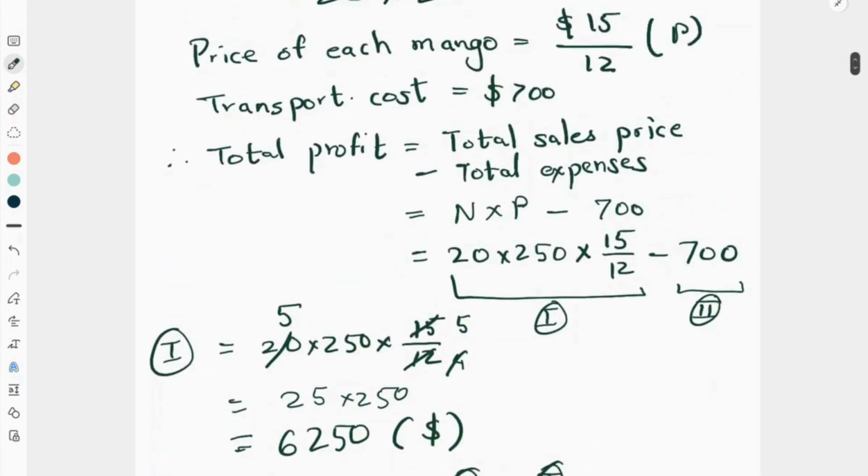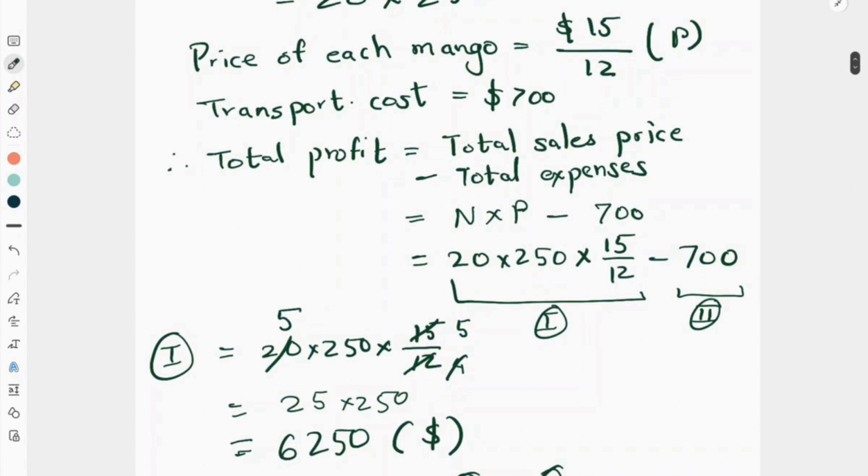So this formula that we use, the total profit, which is total sales price minus total expenses, has to be generalized to those situations. These problems are usually straightforward. It's just that you need to multiply and divide carefully, and you need to tally the numbers in each column separately and correctly. That is something you have to be careful about. That's about it.